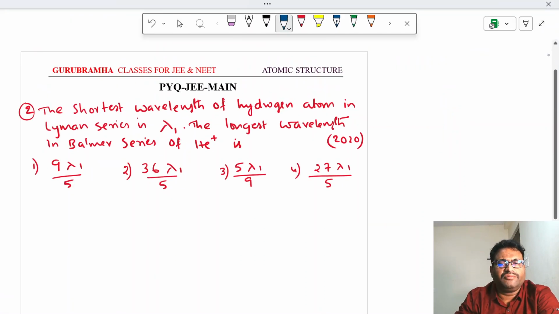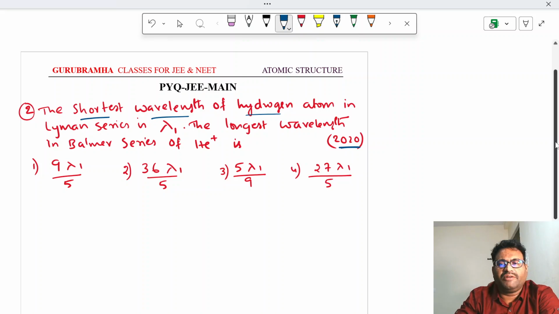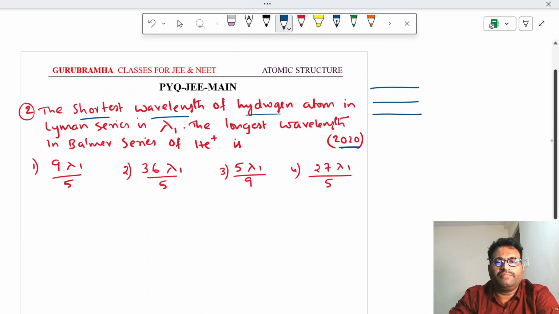Let us see. So it is given in 2020. The shortest wavelength of hydrogen atom in Lyman series is lambda 1. So shortest wavelength, let us take Lyman series 1, 2, 3, 4, 5, infinity.